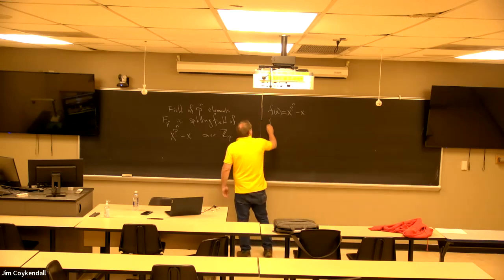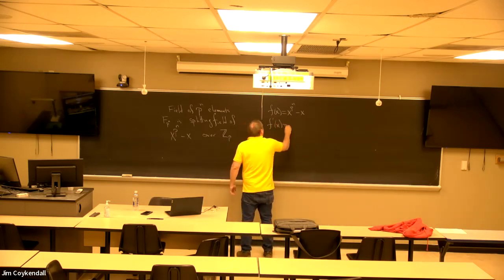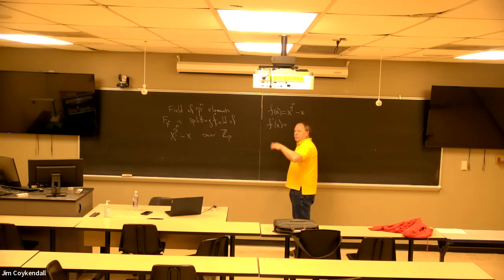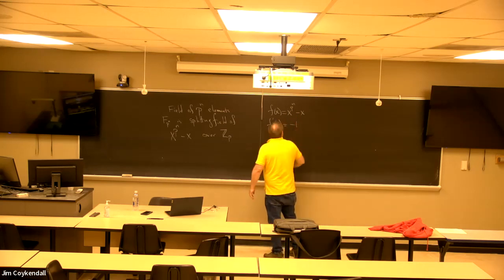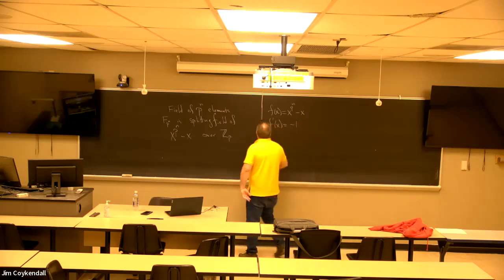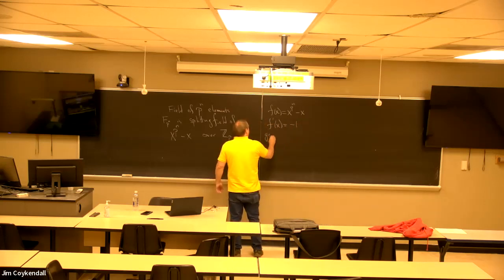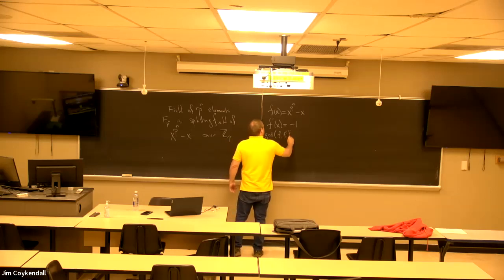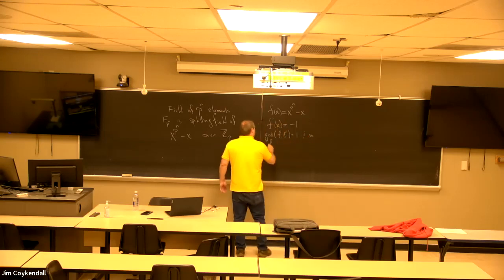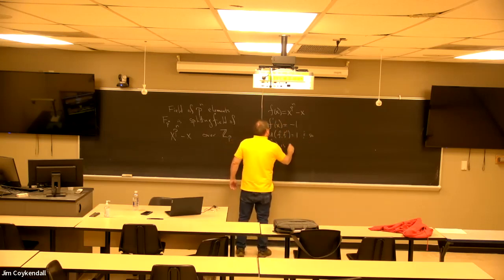But if you look at the derivative, since we're in characteristic p, the first term is p to the n times x to the p to the n minus 1, so that's 0. And the second term's derivative is -1. So in particular, f of x is separable.